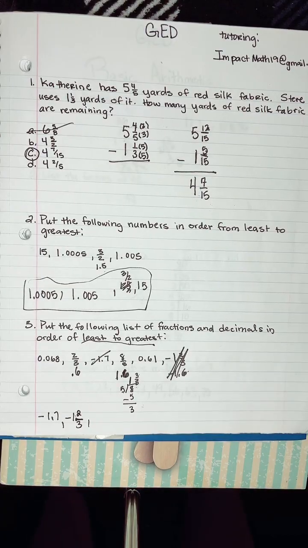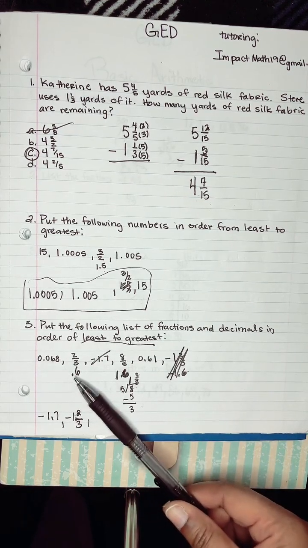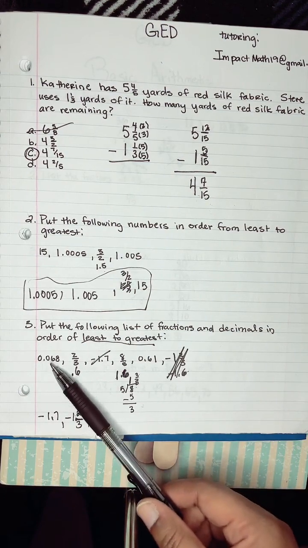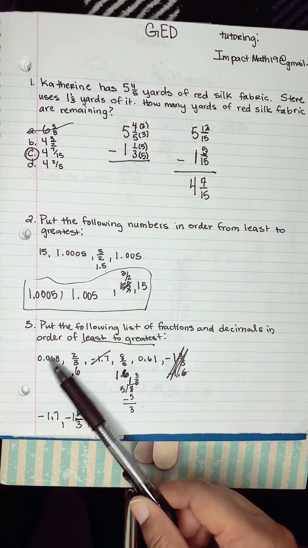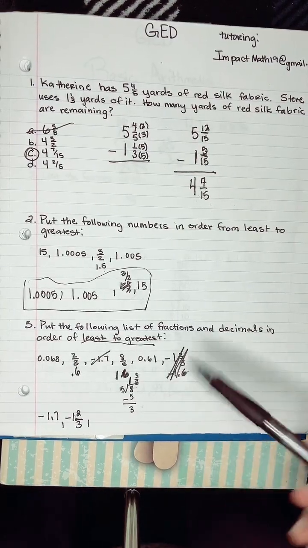Okay, good. 0.068. Good. Remember, this 6 cents got to come before the 60. So this is like 6 cents, or even if you round it, like 7 cents here. 7 cents is smaller than 60 cents.